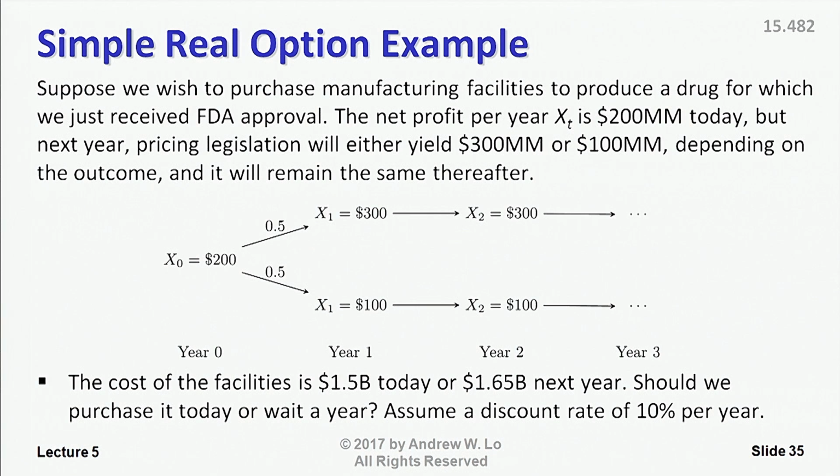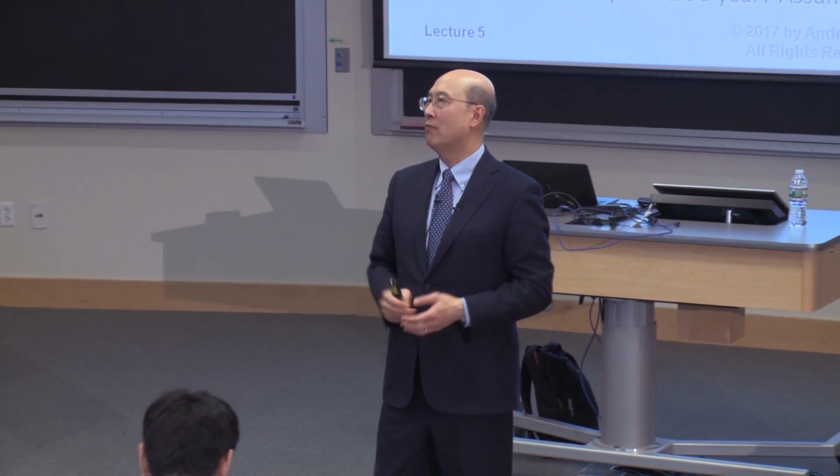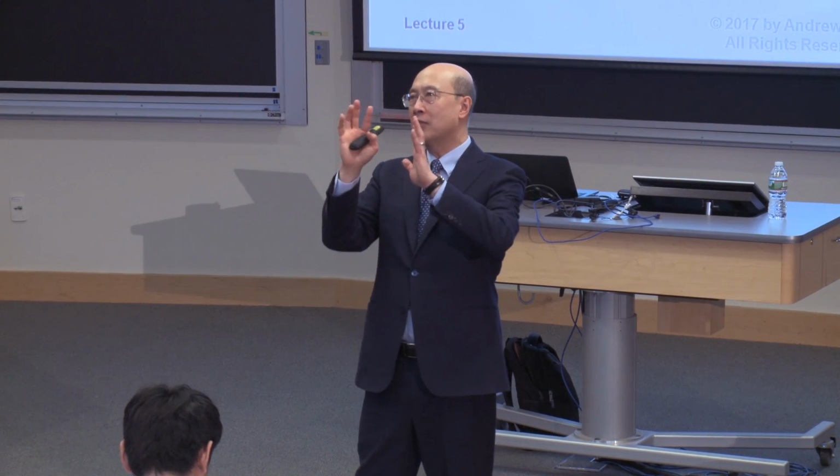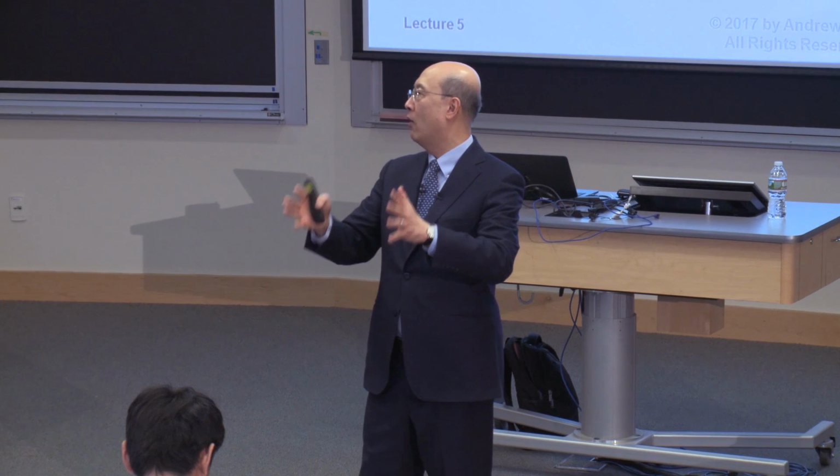So you've got this drug approved, and now you are ready to go, but you need to actually make the drug. It turns out that there's a plant that you can actually buy right now, and if you buy the plant right now, it's going to give you a net profit right now of $200 million.